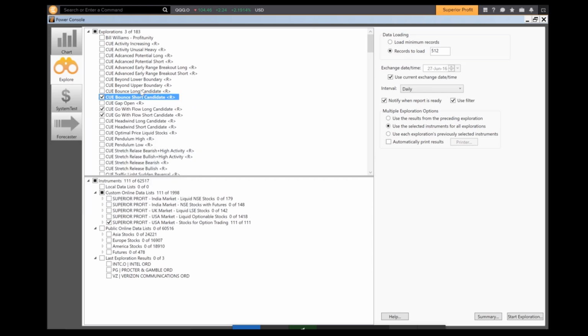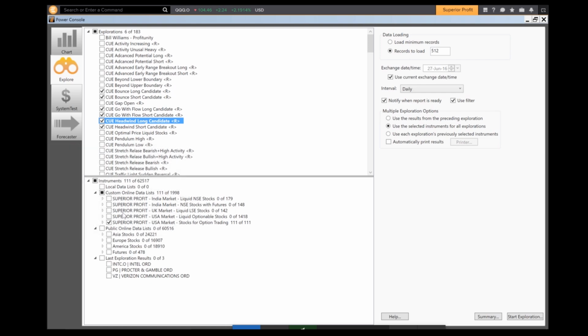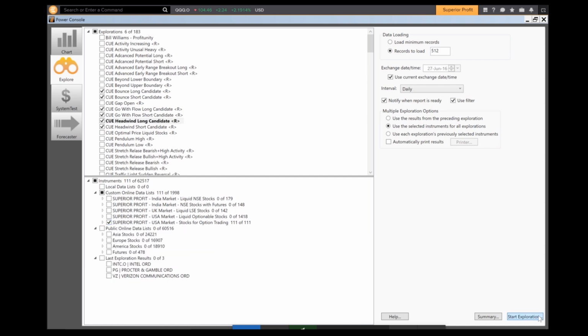So what I usually do is first select these six, and I choose my symbol list from the bottom panel. I have my own custom symbol list, usually some very liquid large company stocks, only 111 of them for the USA market, and you can create your own list. This is my list, and I just select that and start exploration.